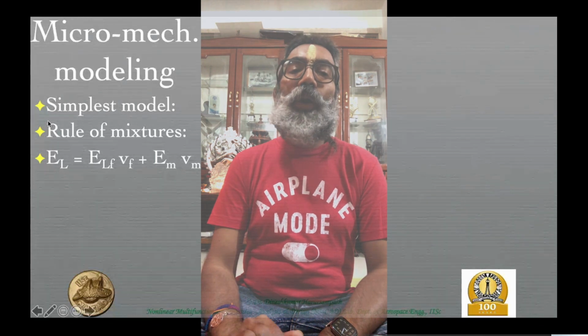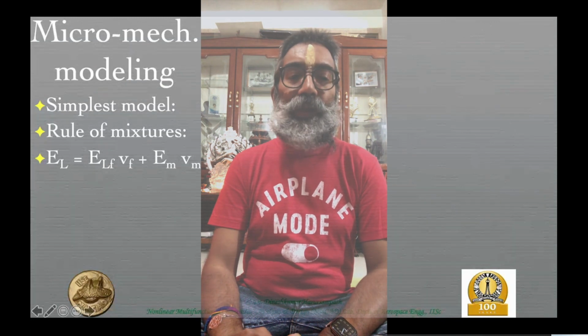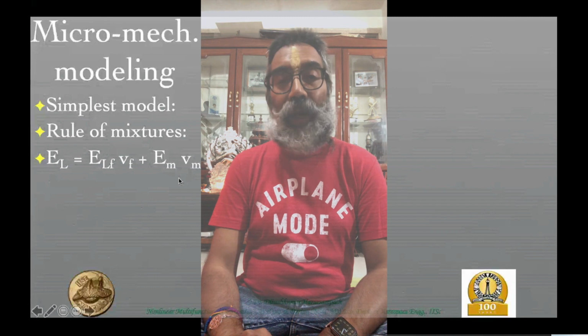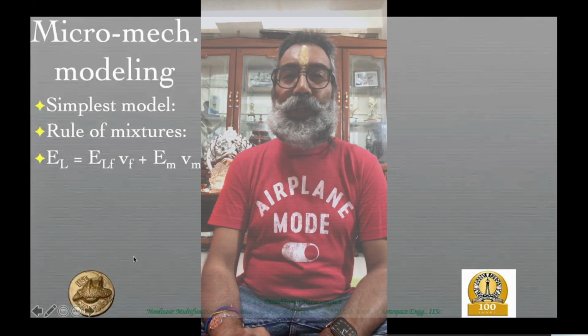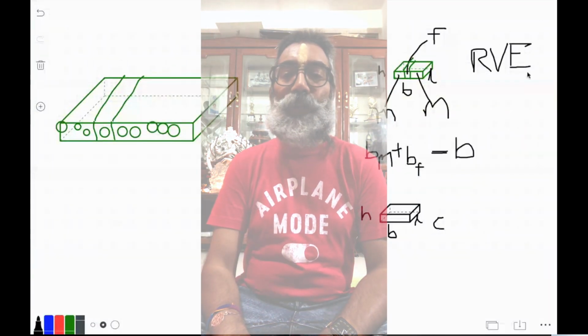So how do we go about getting this? As I said, this is the simplest model that we can go to. There can be many other more complicated and reliable models which can give you more accuracy, but for this particular course, this is good enough, and this is what we would stick to.